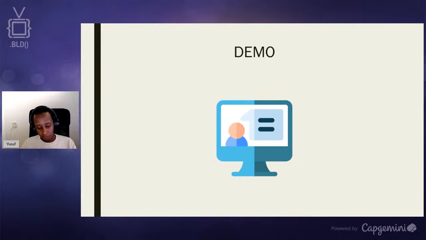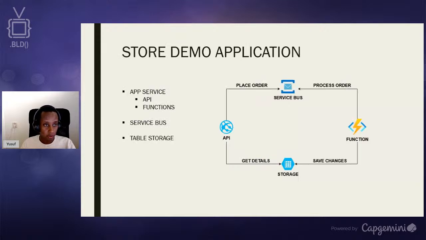So I've shown a lot of theory on what these subjects mean, and I also made a small demo application to show you how we can use these concepts within our system. The demo application consists of two services. You have a web API that uses the Service Bus SDK to put messages on a queue within the service bus.